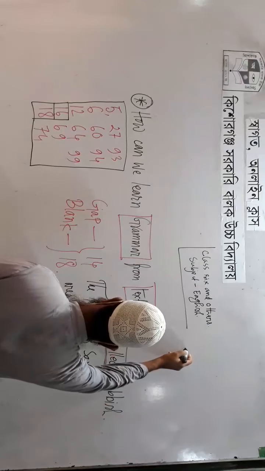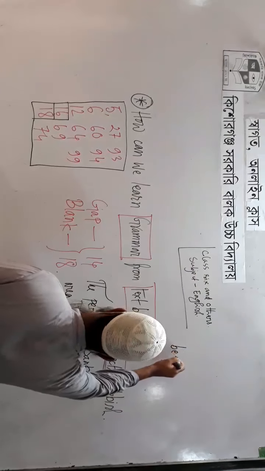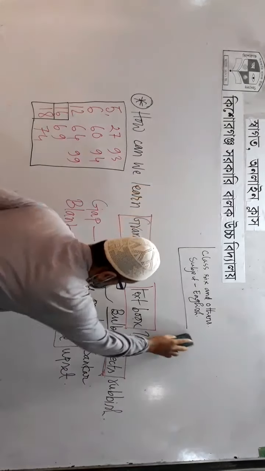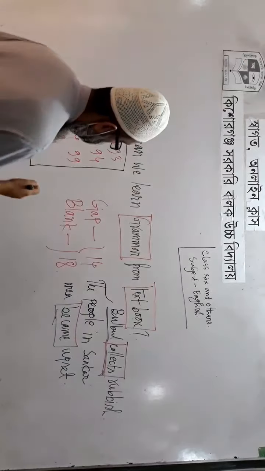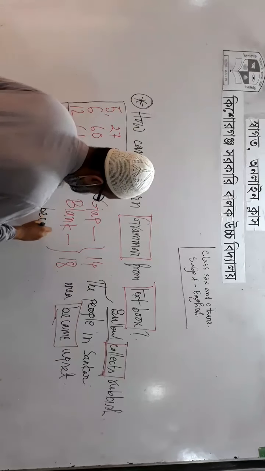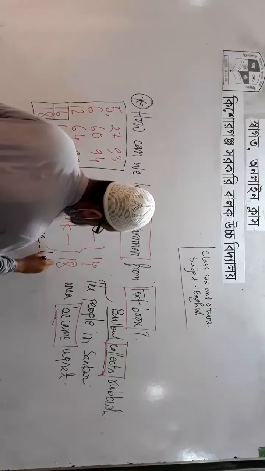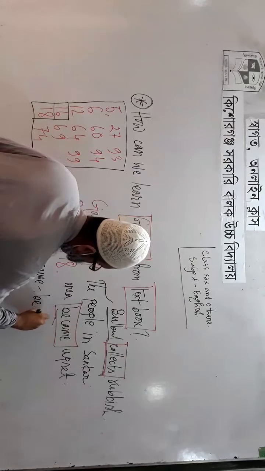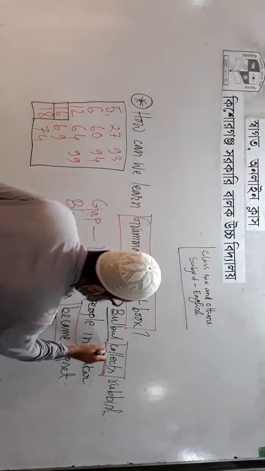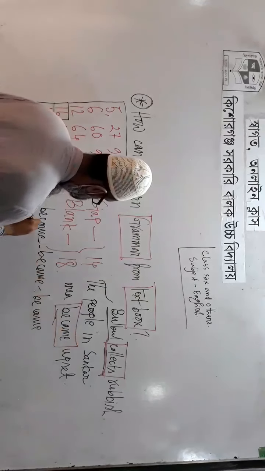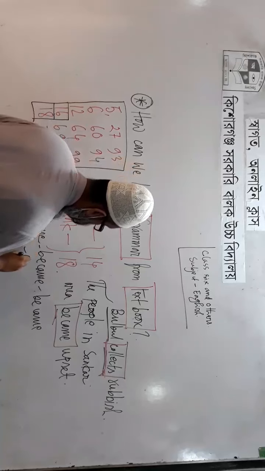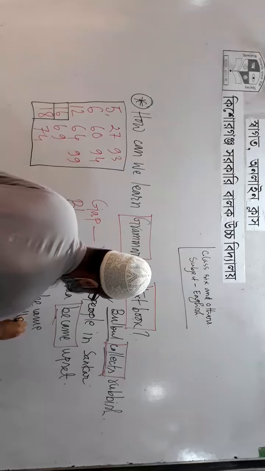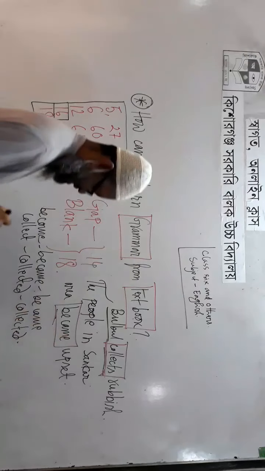Something like that. Suppose "become," and then "became," and then "became." In the same way here, "correct," and then "corrected," and then "corrected."